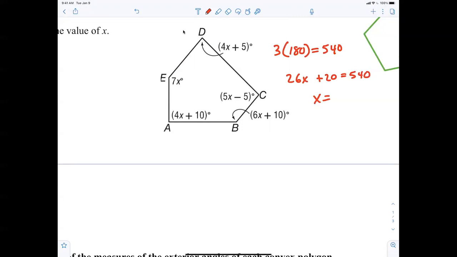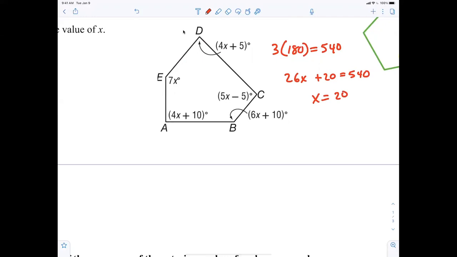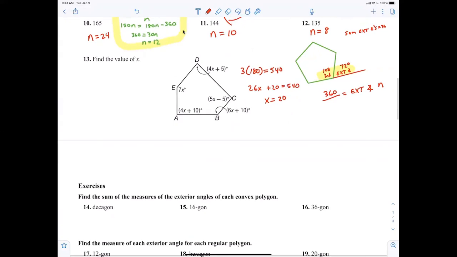James, you all right with that? All right, so what's x? 20. Everybody okay with that being 20? Now, they just want to know what x is, but they might have asked what the angles are. So keep that in mind.